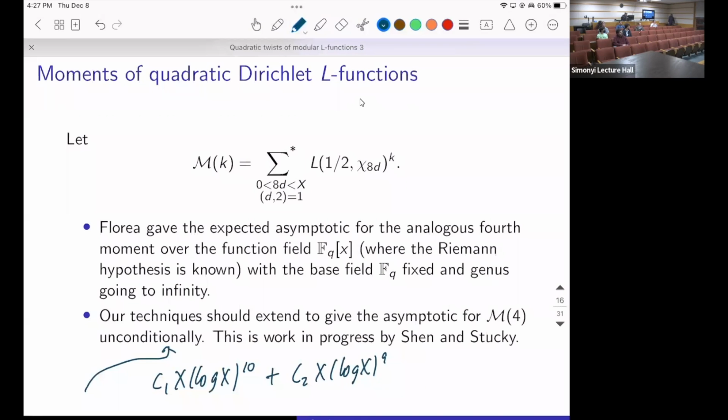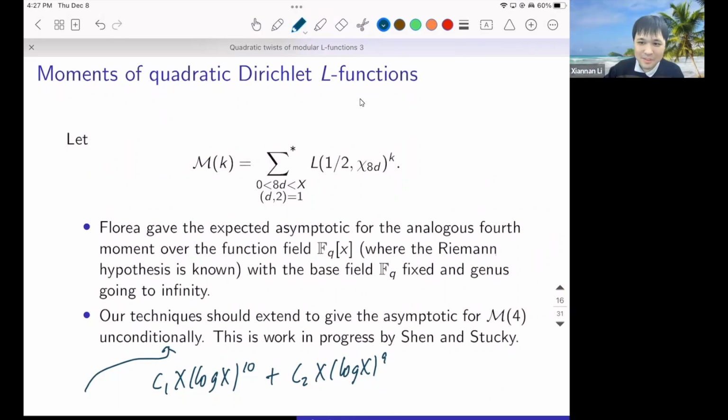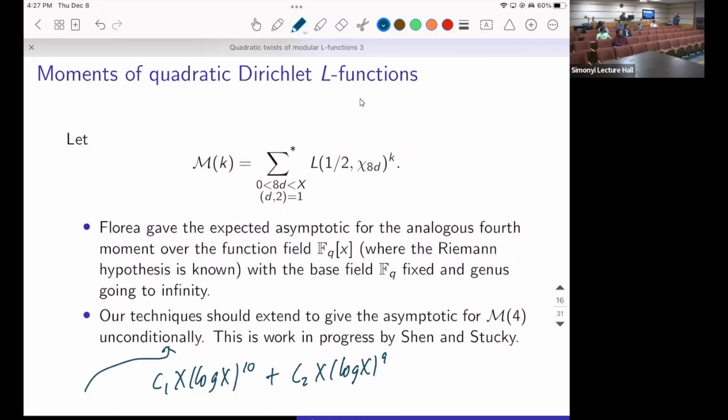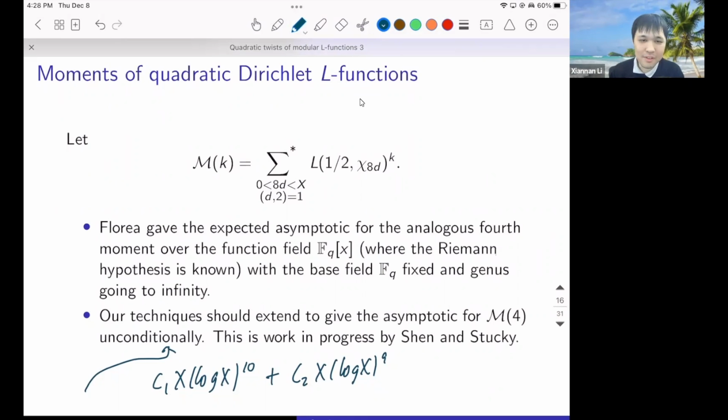Why are you restricting to 8D? That goes back to Sound's thesis. I complained about that, and he was just technical. It makes life much simpler to write things because of the root numbers. Yeah, the root numbers work out right. It's just laziness, technical simplicity.